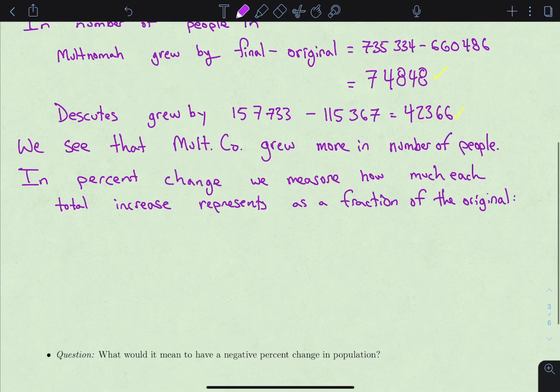So Multnomah County grew by, and so we'll use that number we got from the subtraction problem, the 74,848, and we'll divide it by, actually let's write that out.